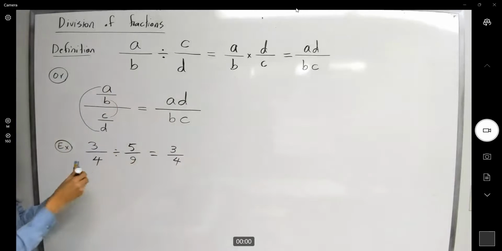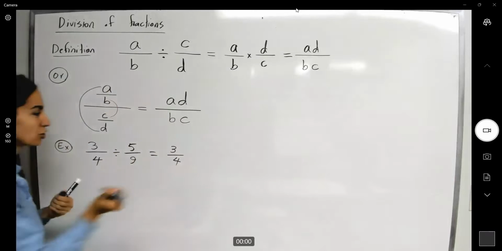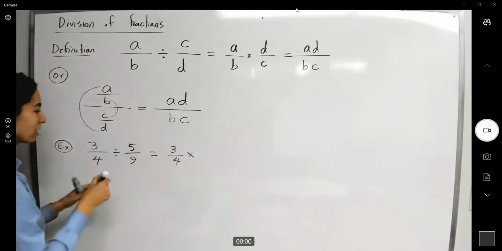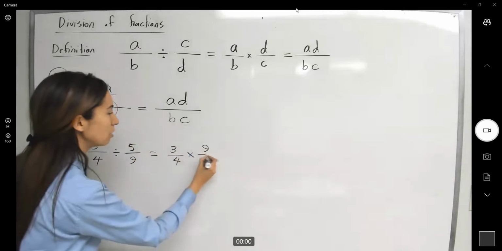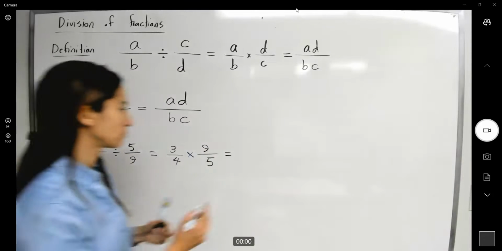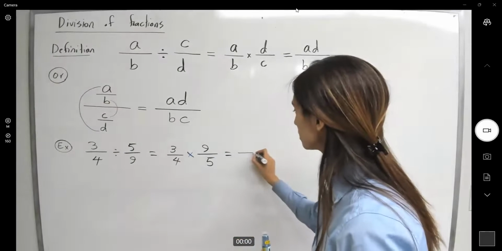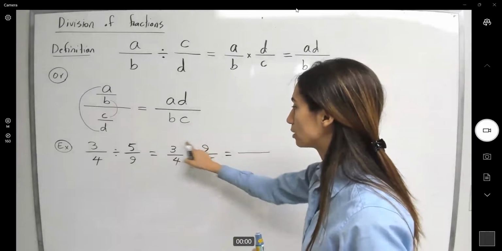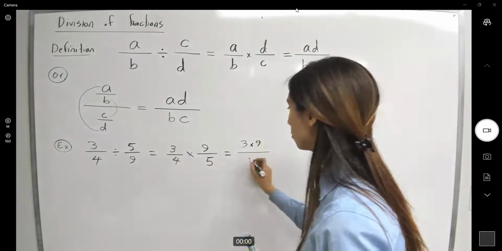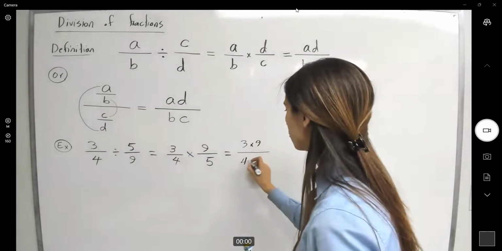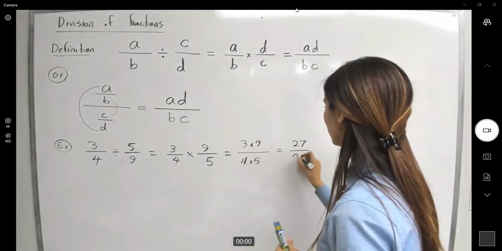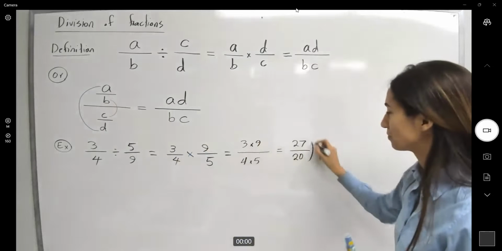I'm going to convert division into multiplication, and I'm going to flip the second fraction, which is now 9 over 5. Very good. So the rest is the same. You're going to multiply the numerators, 3 times 9, divide by the multiplication of denominators, 4 and 5. You get 27 divided by 20.